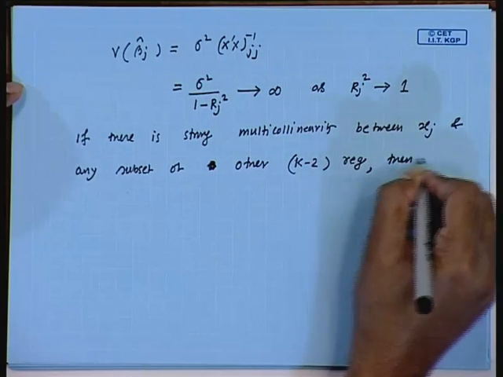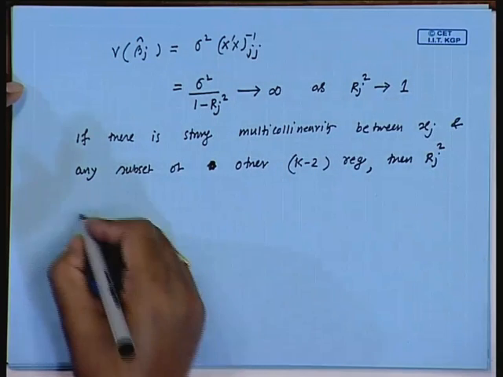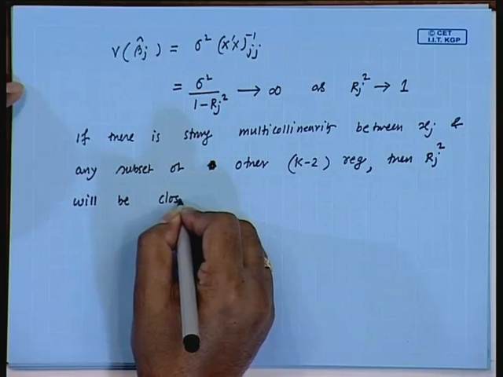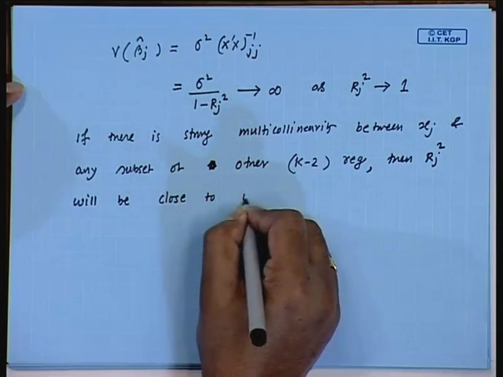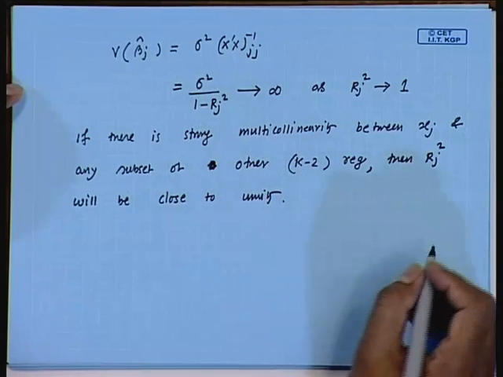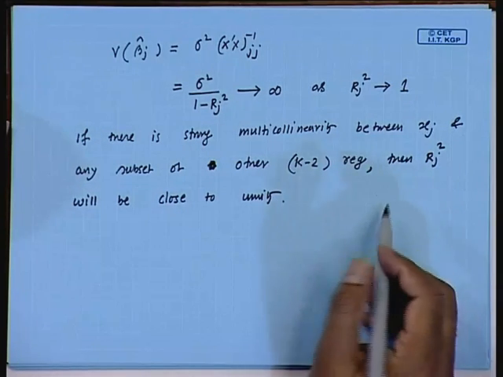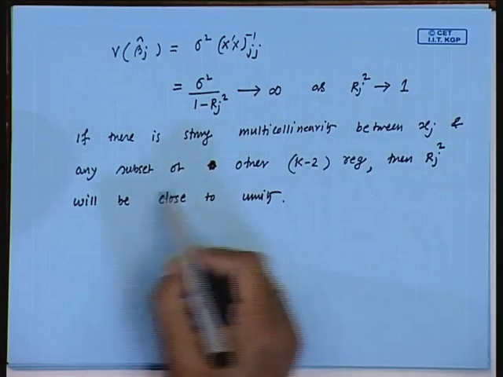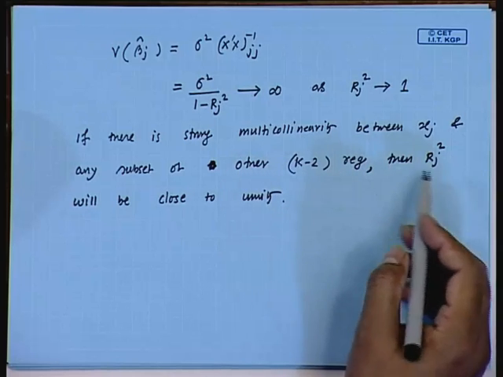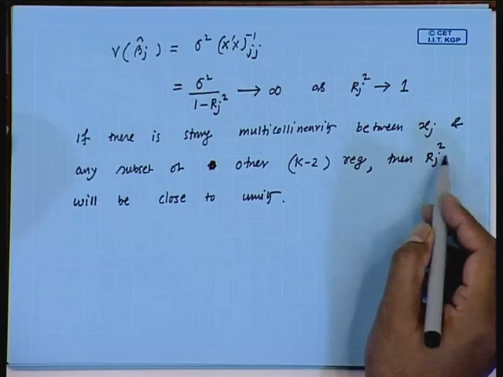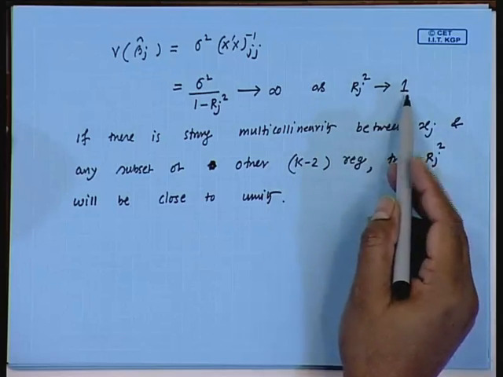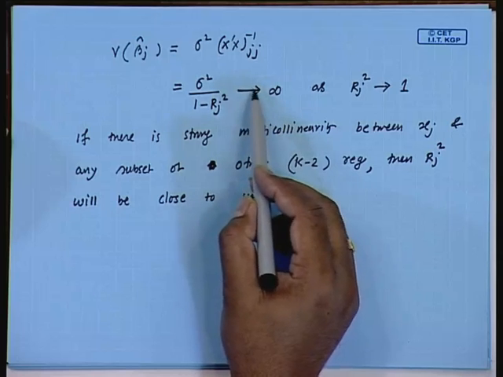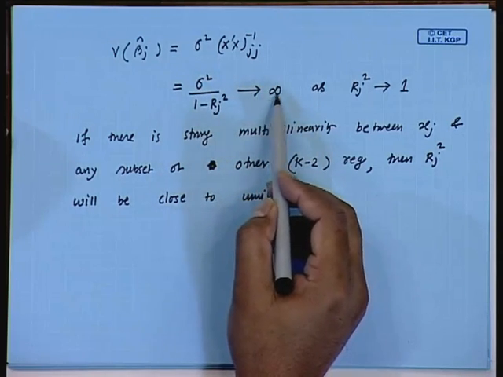Then Rj square will be close to unity. So, if there is a strong multicollinearity between the regressor xj and any subset of the other remaining regressors, then Rj square will be close to unity, and the variance of beta j hat will tend to infinity.